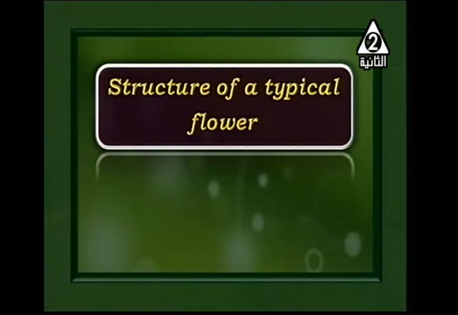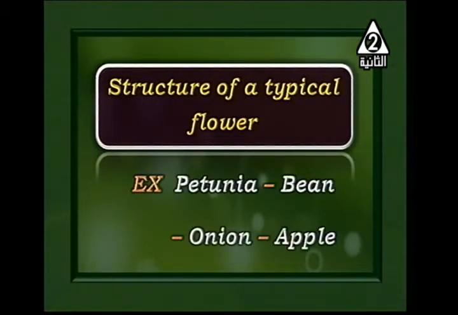Do you mean that we have some flowers that carry only 3 or 2 of the floral parts? Yes, as we're going to study. So a typical flower carries all the floral parts, everything, like petunia, onion, bean, apple, and so on.